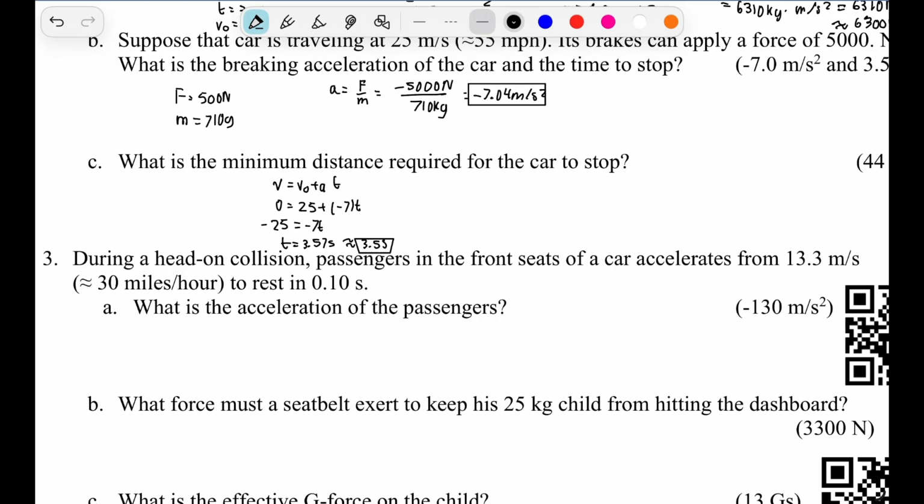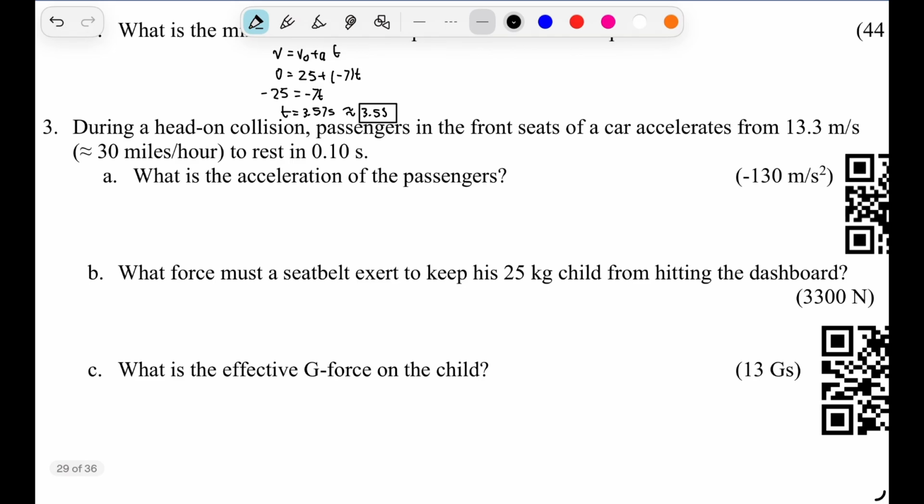During a head-on collision, passengers in the front seat of a car accelerate from 13.3 meters per second to rest in 0.10 seconds. What is the acceleration of the passengers? So we have that V initial is equal to 13.3 meters per second. We have that V final is equal to 0, and we have that the time is equal to 0.10 seconds.